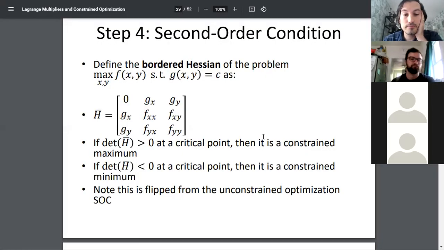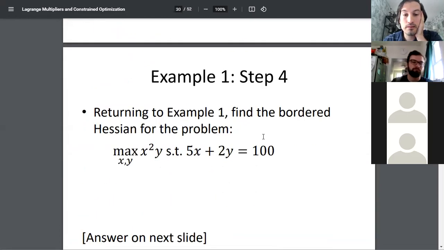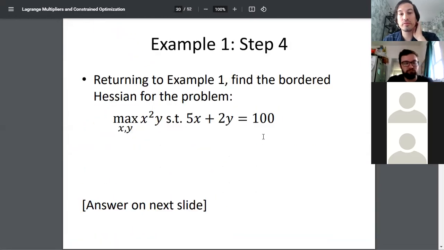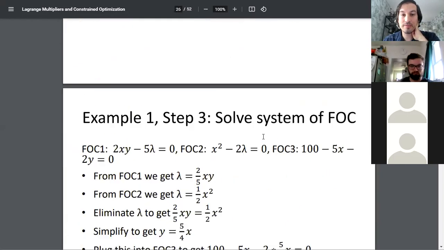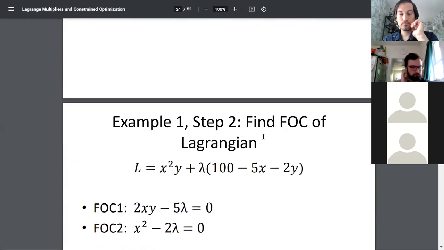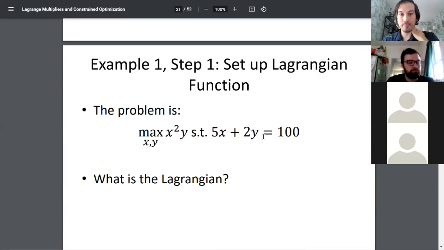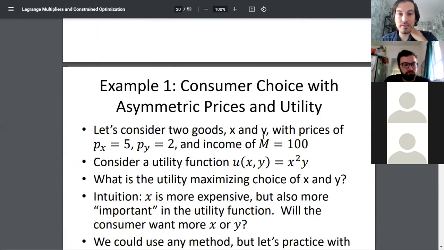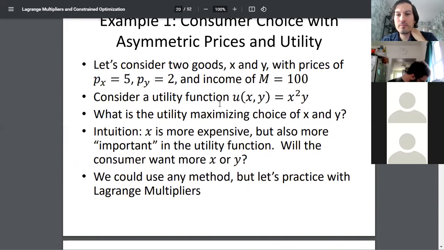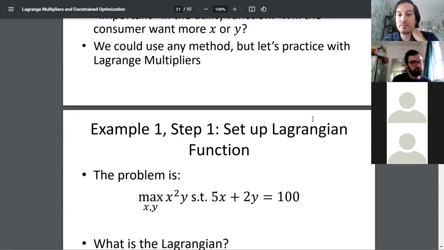What else do you want to do today? Let's maybe do another example. Oh, by the way, returning to example 1. Example 1 was a consumer optimization problem, where we had a utility function and a budget constraint, and I asked what's the utility-maximizing choice of X and Y?